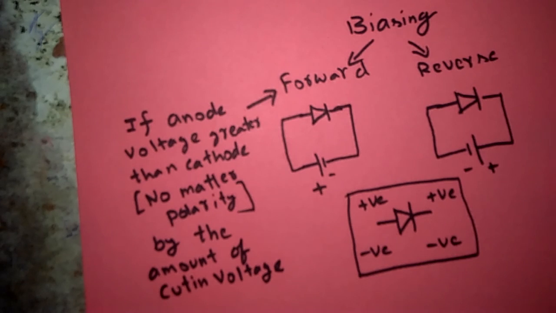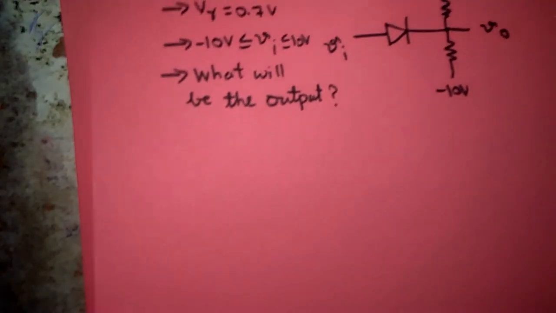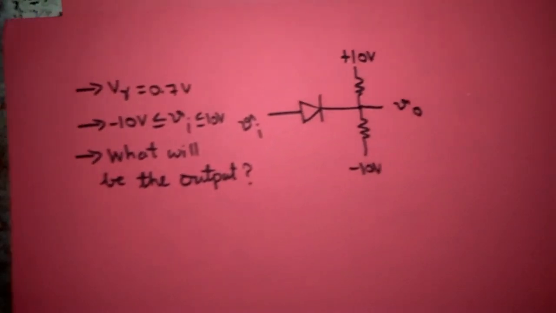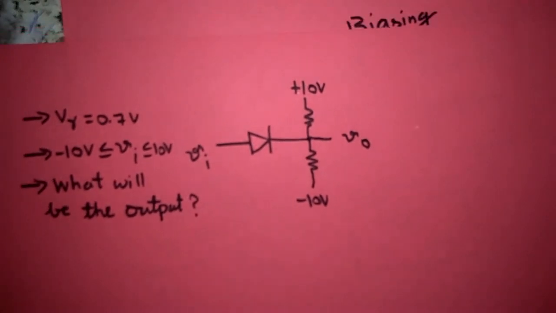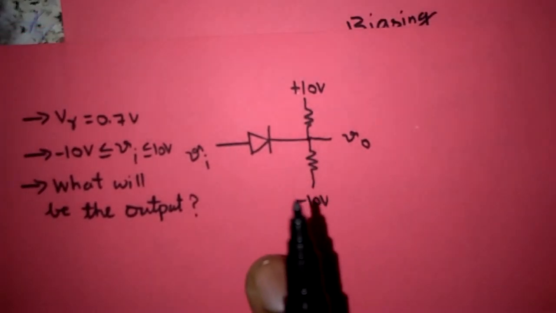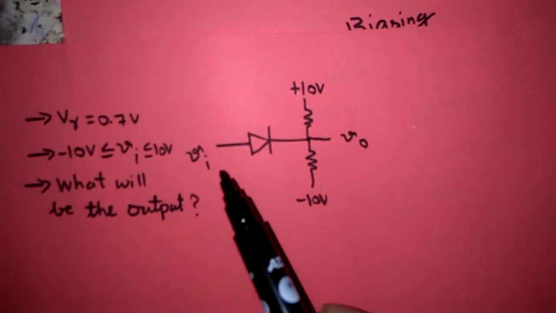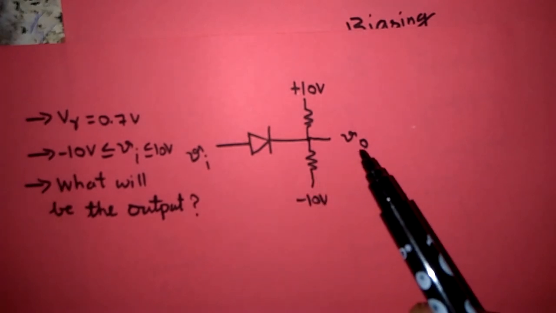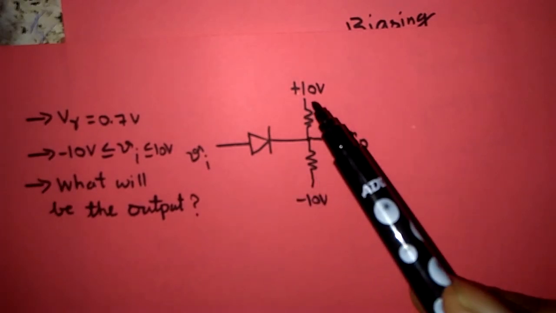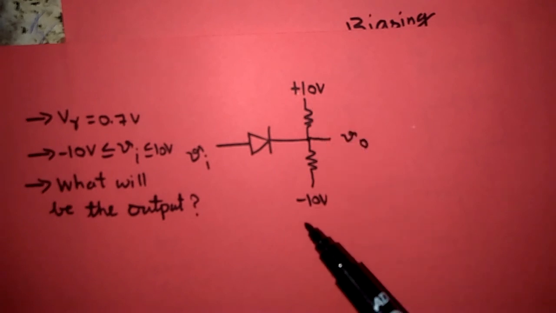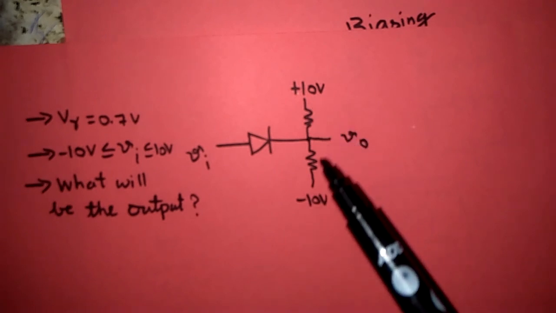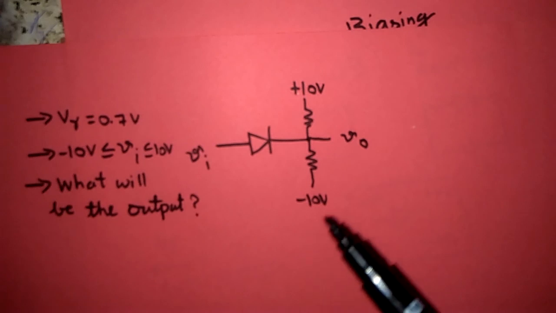So we will check how this definition works in a practical circuit. Suppose there is an example circuit here. In this circuit, we take one diode and input Vi is given at anode and output V0 is taken at cathode, and two supplies plus 10 volts and minus 10 volts are connected by using two resistors at cathode.